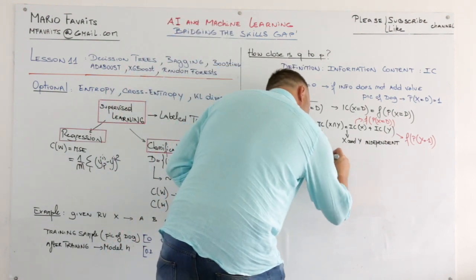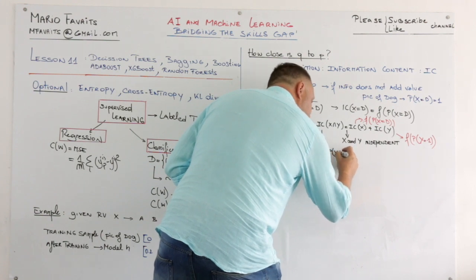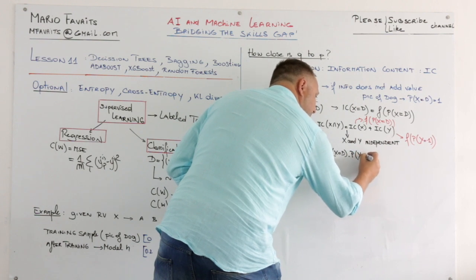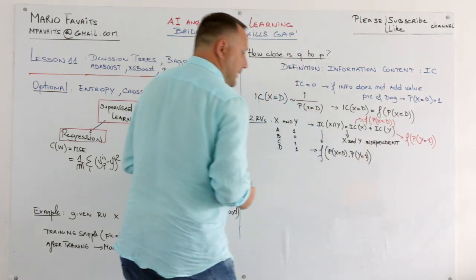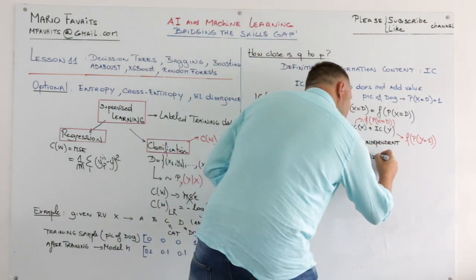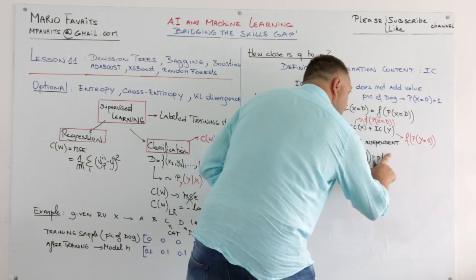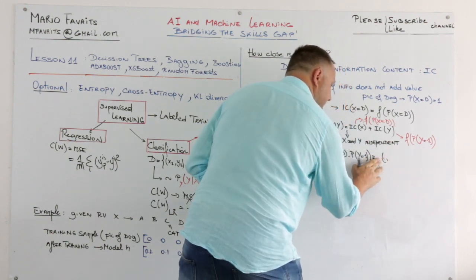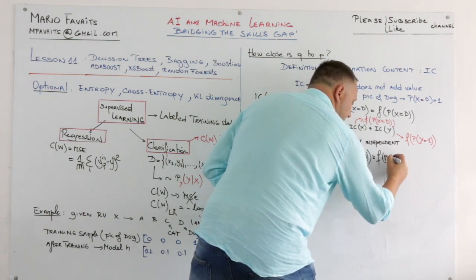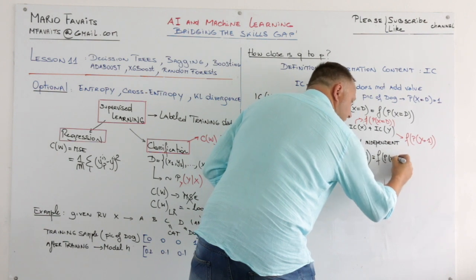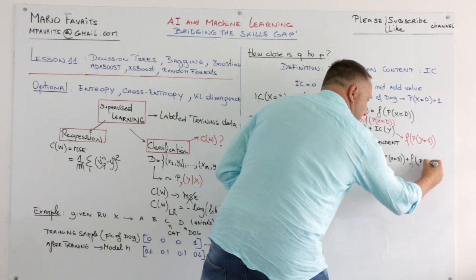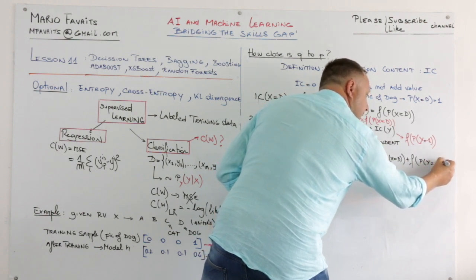So it's the function of the probability that X is a dog and the probability that Y is 1 equals the function of the probability that X is a dog plus the function of the probability that Y equals 1.